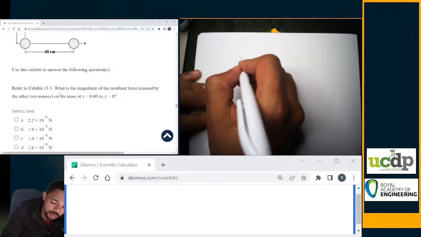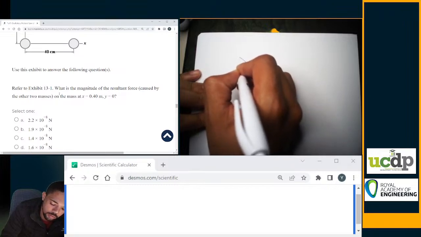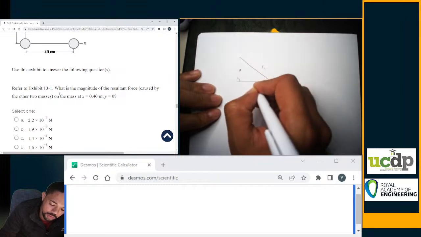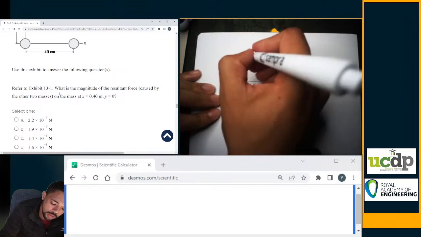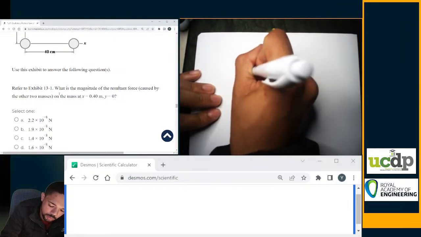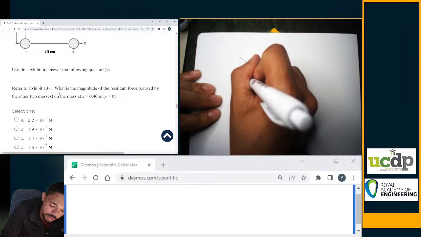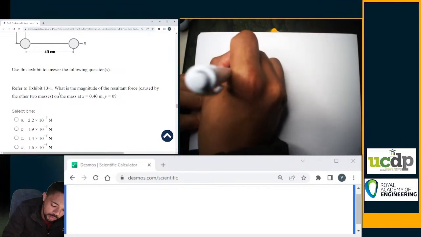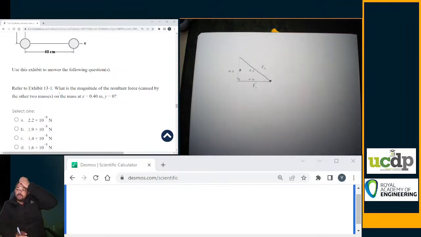That is F1, sorry, that is F2, and this distance is 0.5. This distance here is 0.4, and this distance here is 0.3. Okay, so now we have those three distances.